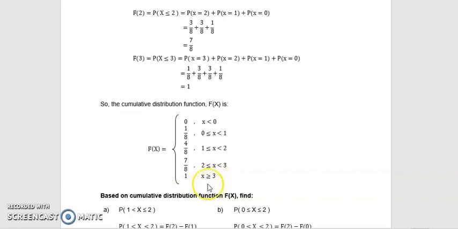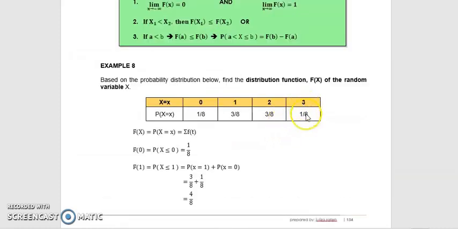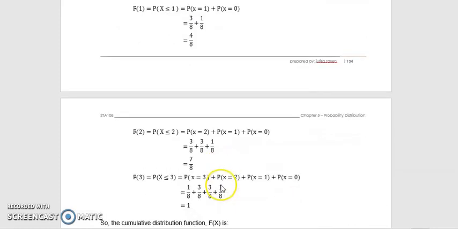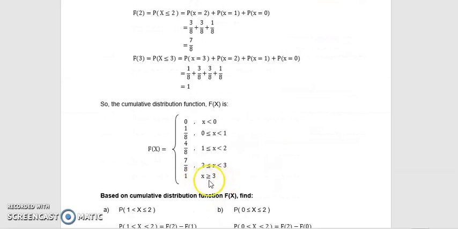If the value of x is 3, for example, then the probability equals 1. So that's how we read the cumulative distribution. If x equal to 4, then the probability also equals 1.